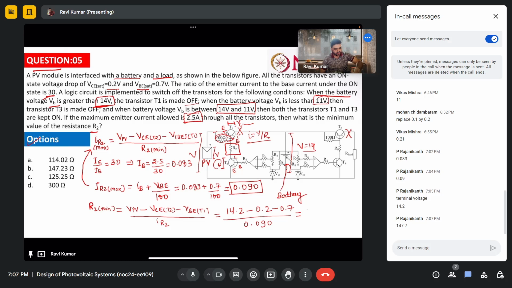That is 147.7. Yes, we are taking fewer decimal points, so it is coming 147.7. So which option matches? This B. So B is the correct answer.